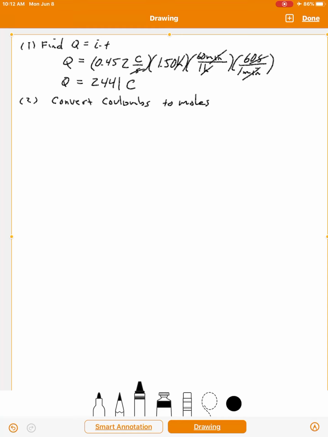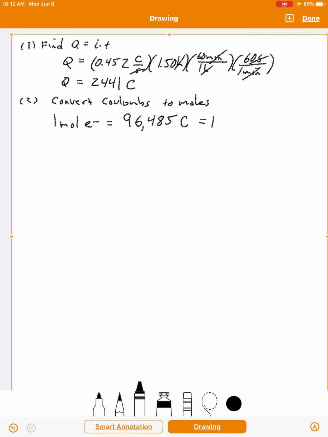Now, you may not recall, but from an earlier section, we have a conversion factor. 1 mole of anything, but in this case electrons, is a Faraday: 96,485 or 96,500 coulombs. That was a conversion factor.